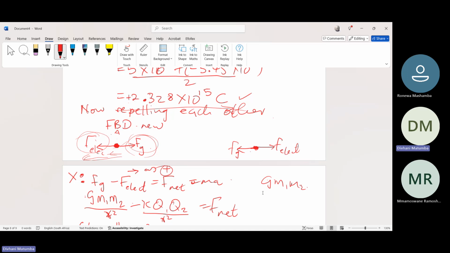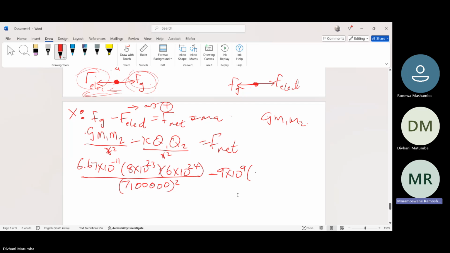Will it not be positive 2.328 times 10 to the power 15?